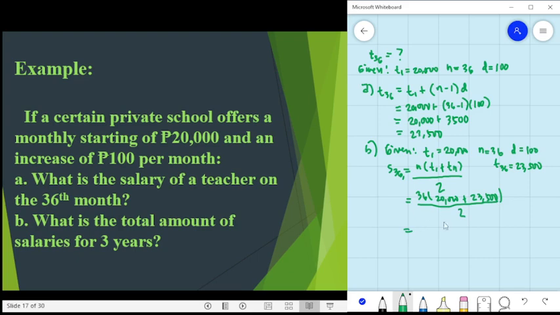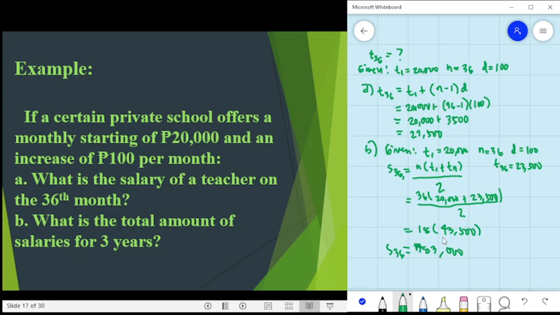So, simplifying further, we have 36 divided by 2 is 18 multiplied to 43,500. Multiplying that, we get the sum of 36 months, which is 783,000 pesos.